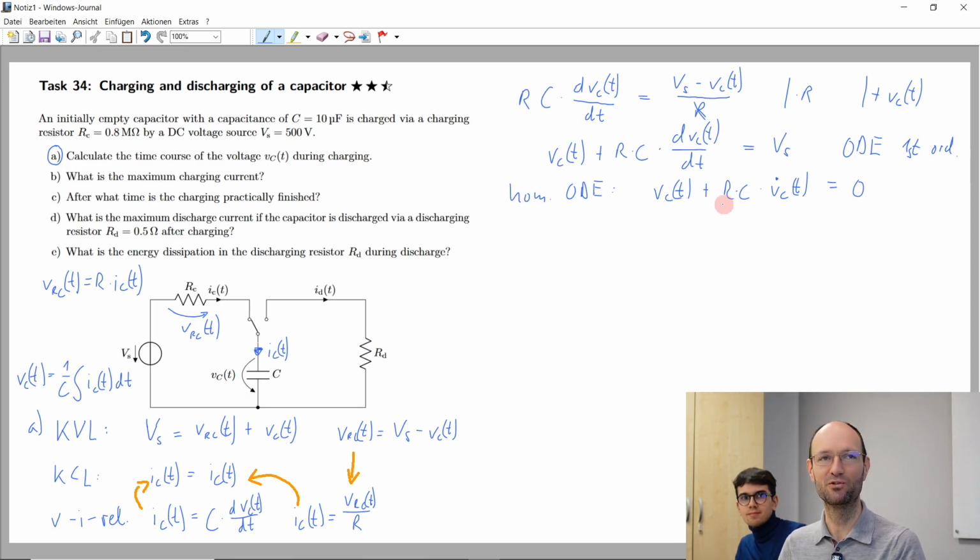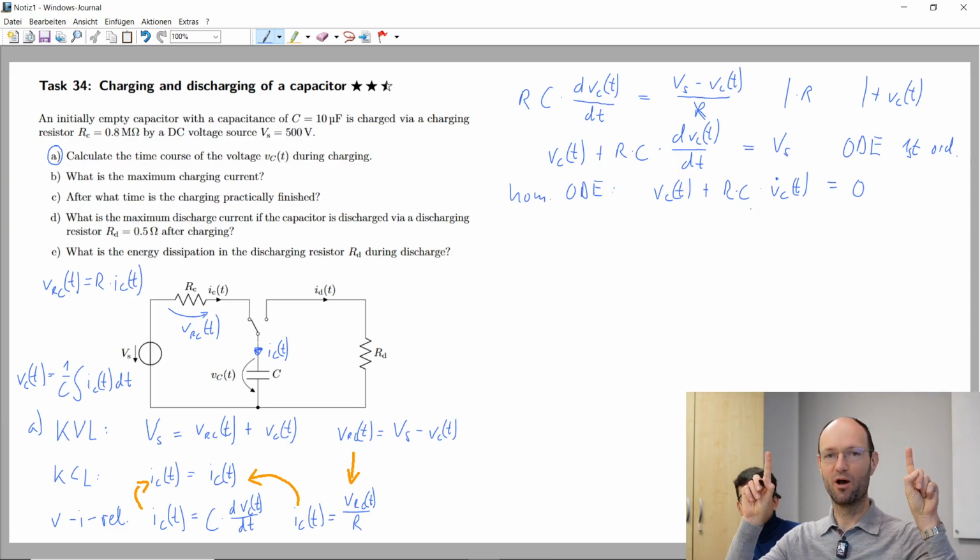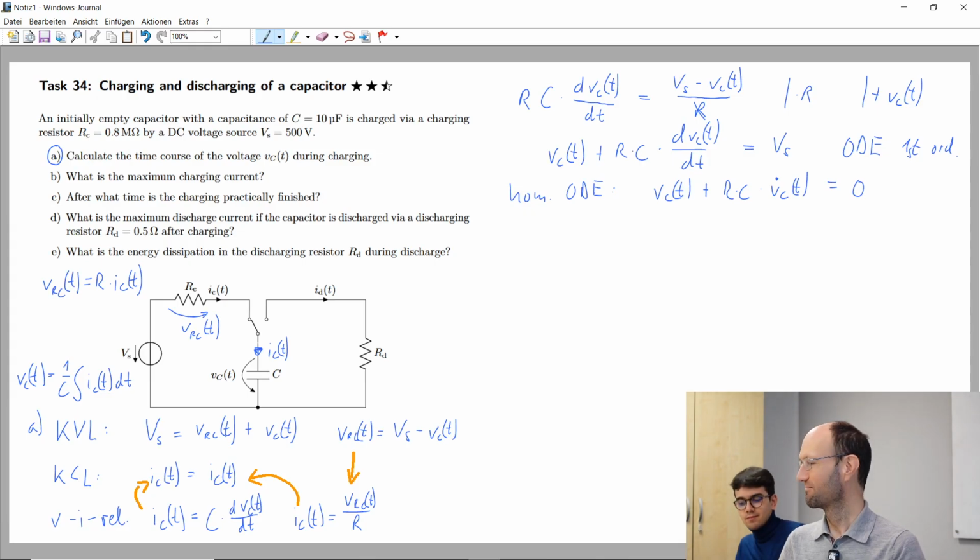If mathematicians guess a solution and later on prove that the guessed solution is correct, they call it an approach. And so what we will also do is some approach.